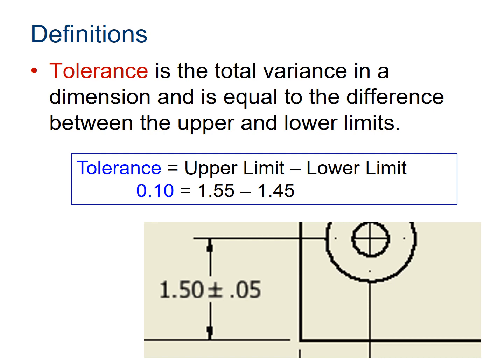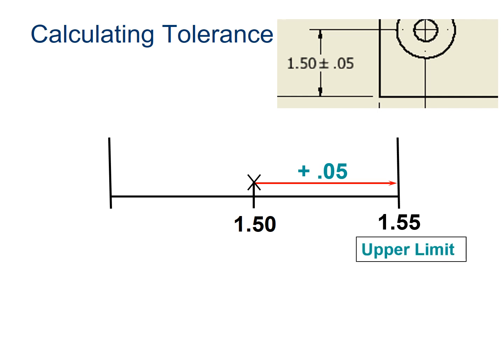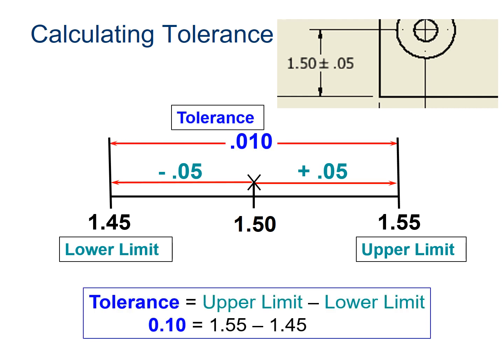That means I've got that much acceptable variation in my dimension there. So to calculate your tolerance, this is just another way to look at it. Here's your specified dimension, and then your plus 0.05, and then your minus 0.05 to get to your upper and lower limits. So your tolerance is going to be 0.10 in this case.